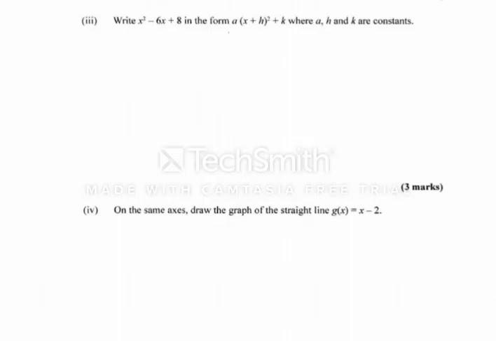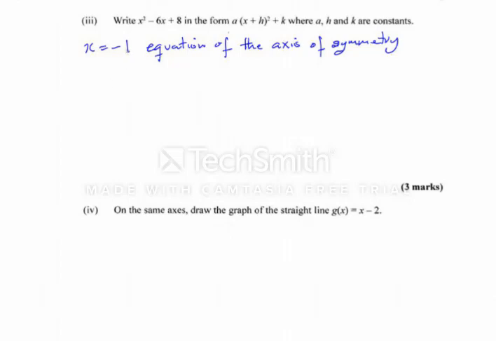Now h in this formula: x is equal to minus h is the equation of the axis of symmetry. And the equation of the axis of symmetry is x is equal to 3.